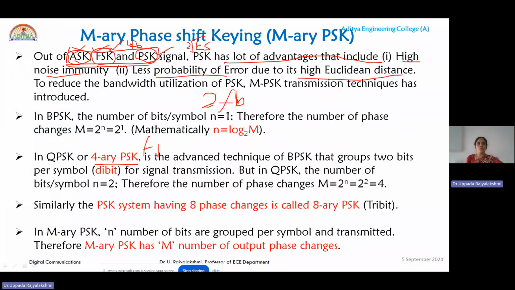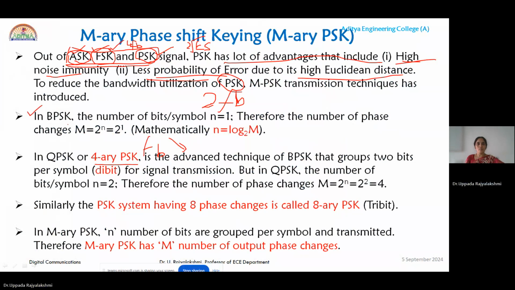As and when you group more bits per symbol, automatically we reduce the bandwidth requirement. That's why, because PSK has a lot of advantages like high SNR, high noise immunity, less probability of error, and no amplitude variations, we can prefer PSK.